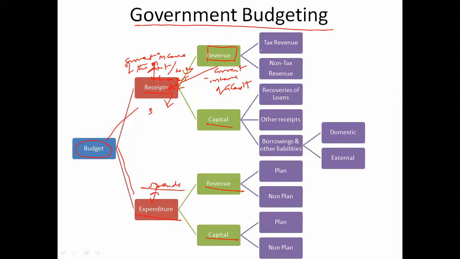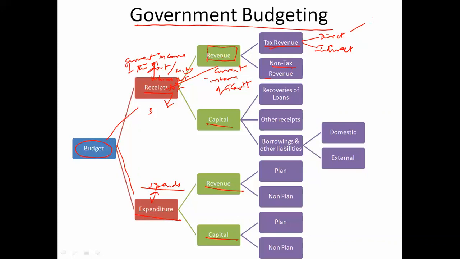So revenue receipts can be divided into two types: tax revenue, non-tax revenue. Means revenue from taxation and revenue from other sources other than taxation. Tax revenue can be divided into direct tax revenue, indirect tax revenue.